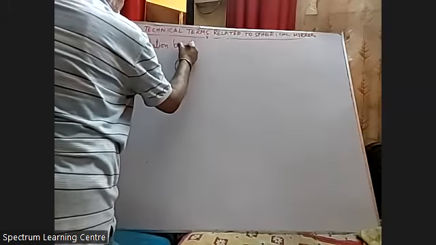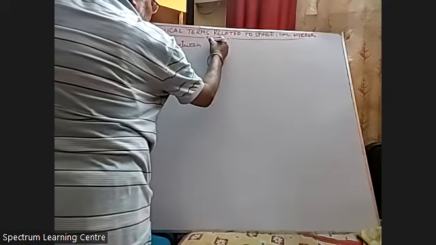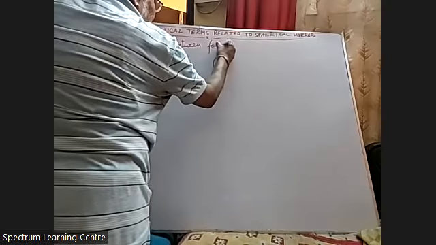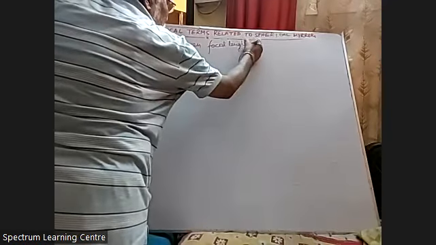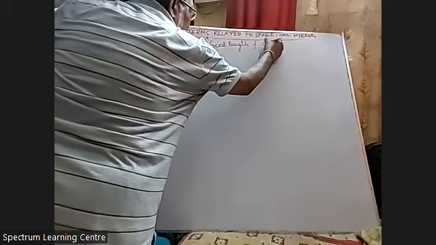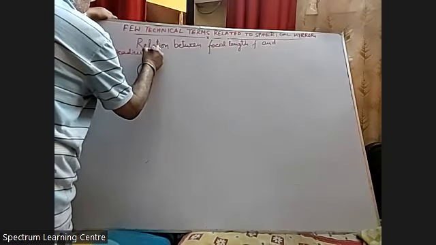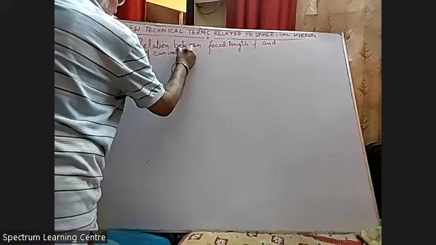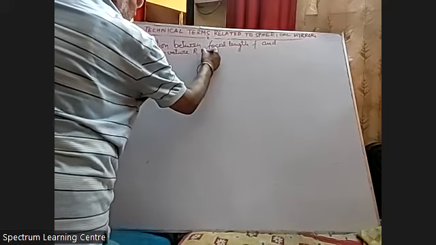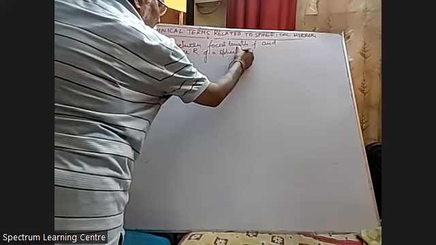Now, the relation between focal length f and radius of curvature R of a spherical mirror.